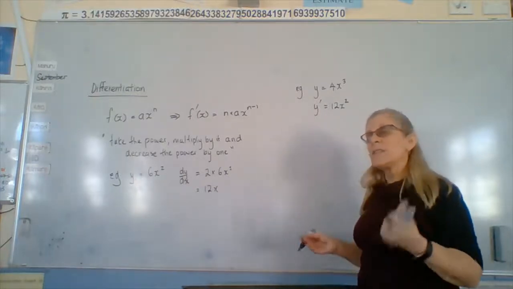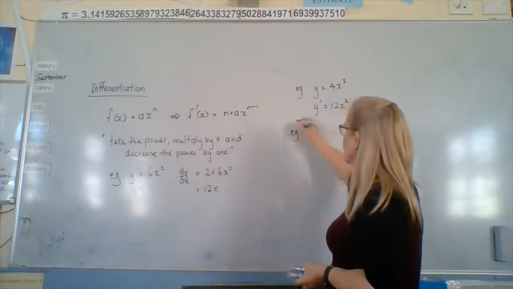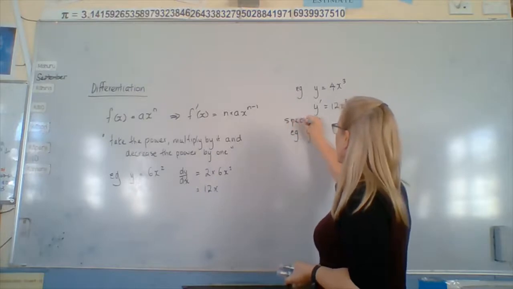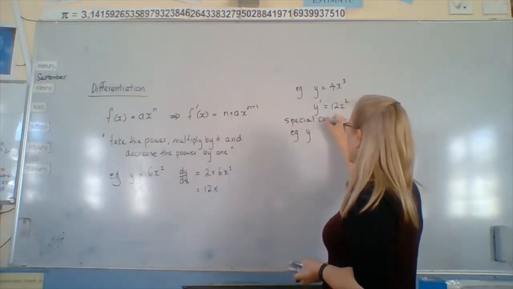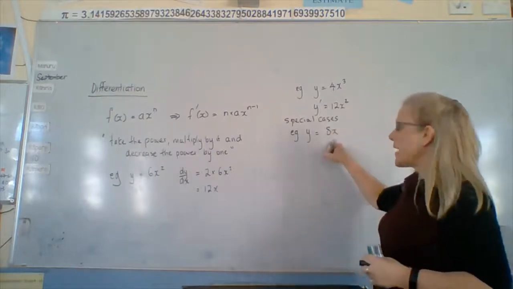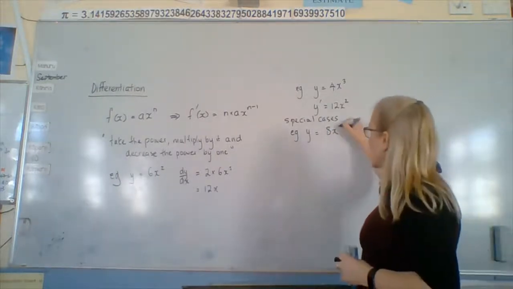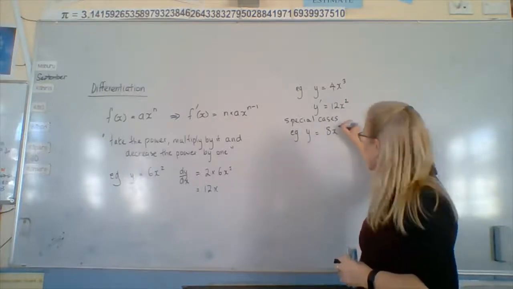Okay. So what are the special cases? We've got 2 special cases. One is this one. What's the power of this one? 1, okay? But we couldn't see it there, but it actually is there.